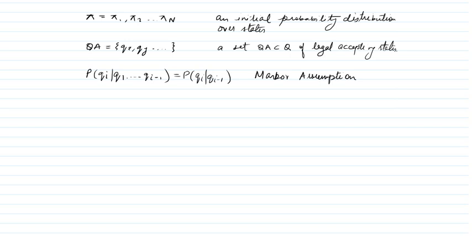So I am writing it: P of oi given q1 up to qi, and o1 up to oi up to oT, if it were dependent on all other states and other observations as well.